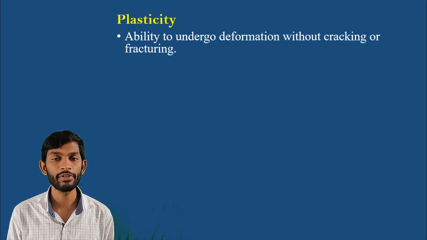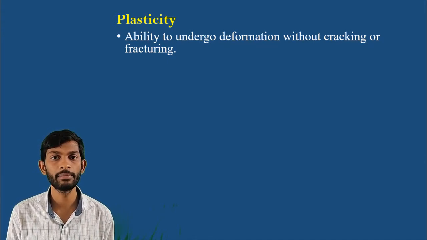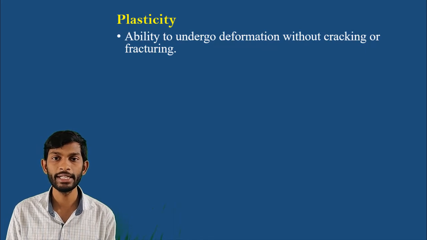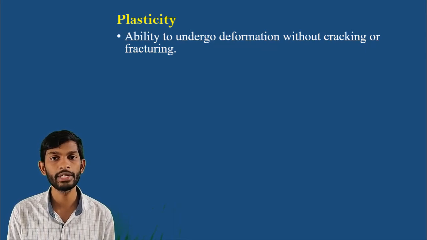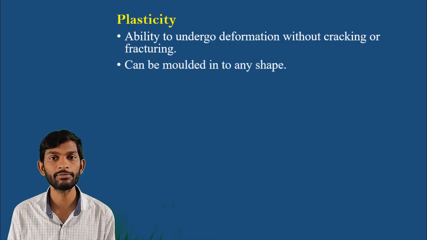So the best example for a plastic material is clay. Clay can be molded into any shape of your convenience. If you see Ganesh idols or any other idols, all these idols are usually made by using clay, and nowadays clay has stopped being used and we have modified the Ganesh idols by using plaster of Paris. However, it is harmful. Okay.